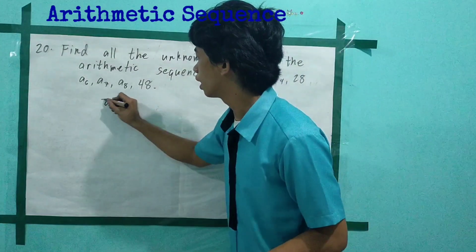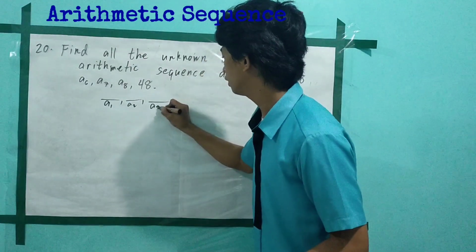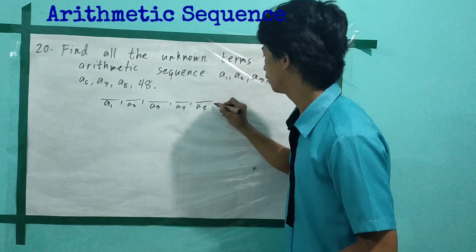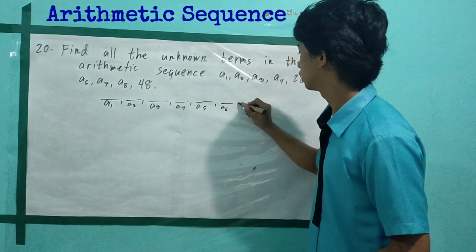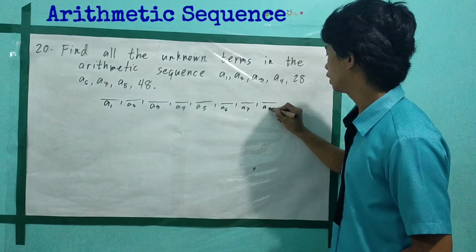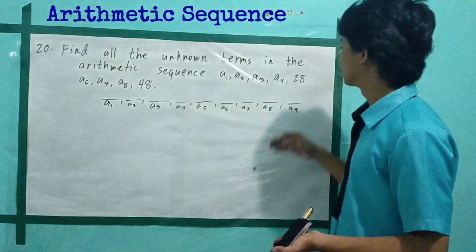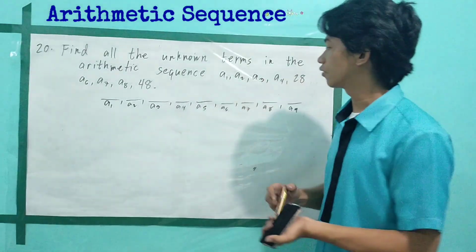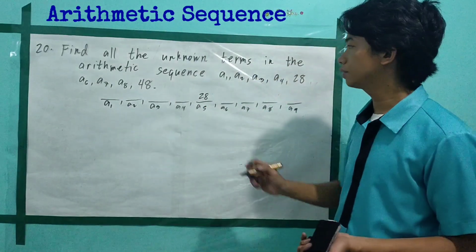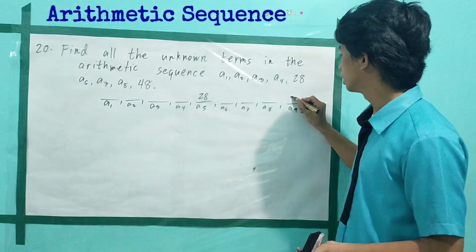So, we have a sub 1, a sub 2, a sub 3, a sub 4, a sub 5, a sub 6, a sub 7, a sub 8, and a sub 9. So, ang given is 28, the fifth term. So, we have 28 in our fifth term, and yung 48 sa ninth term. So, 48.